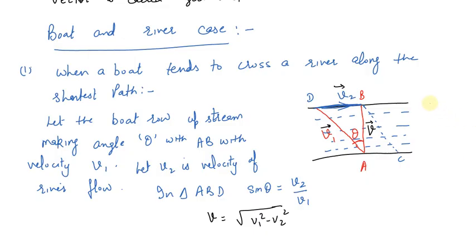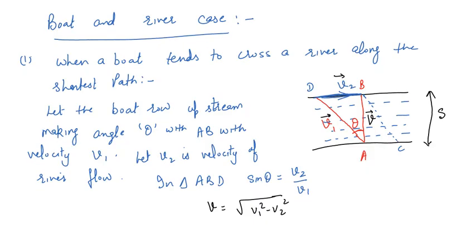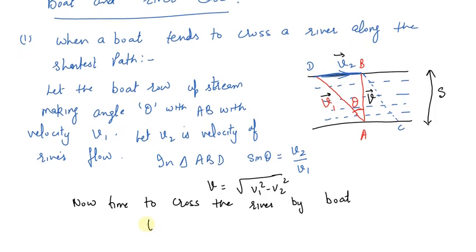Let S is the width of the river. Now time to cross the river by boat, T is equal to S upon V, that is S upon root V1 square minus V2 square.